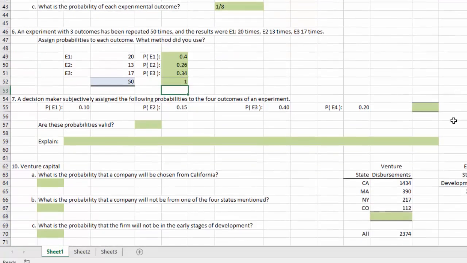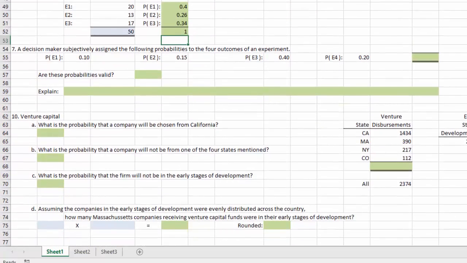Okay, looking at number 7 here. We have a decision maker subjectively assign the following probabilities to the 4 outcomes of an experiment. They have 0.1, 0.15, 0.4, and 0.2. If I go ahead and sum all this up, I'm going to say equals this plus this plus this plus this.